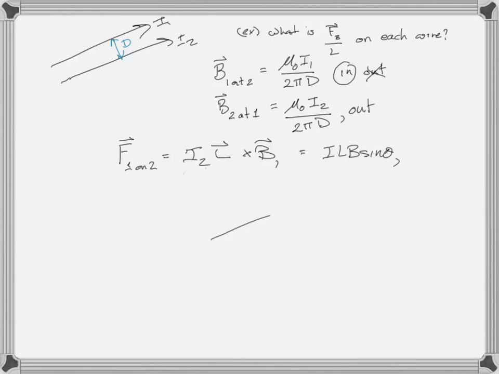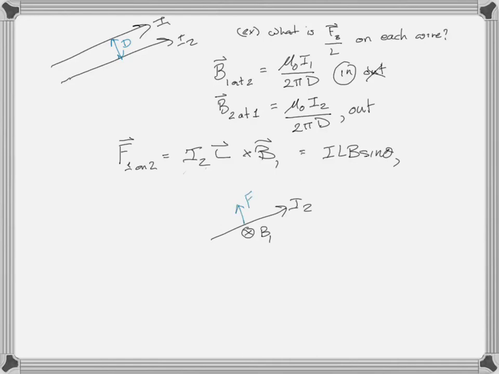So I2 is pointing in that direction, and B1 at I2, we already showed is into the page. So this is B1. And so when we cross, L is the direction of I2. When we cross I2 into B, we find that the force, right, use your right-hand rule, fingers in the direction of I2, into B1, which is into the page, your thumb points sort of up and to the left, perpendicular in that direction.